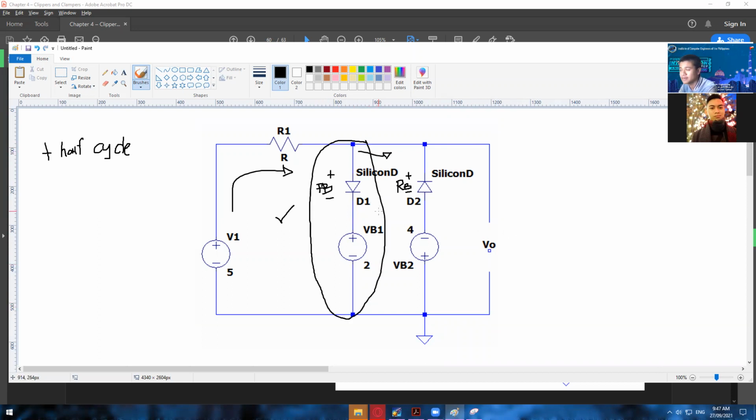We call this the path, from this node to the node being read by VO. So in here, we have a positive 2 volts plus 0.7. As a result, we have a reading of 2.7 volts.